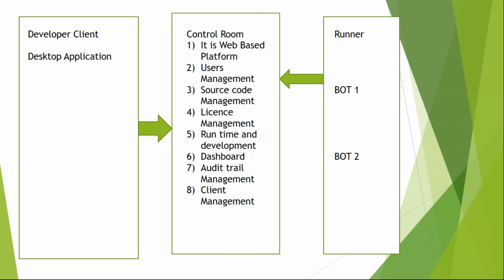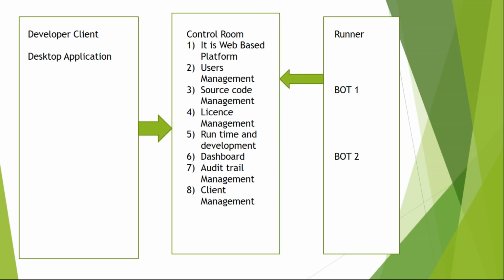And there will be a dashboard. You can see what all users are active, what all tasks are created. All those things, the managing part actually, where we can manage the bots or where we can manage the users, is done on the control room.